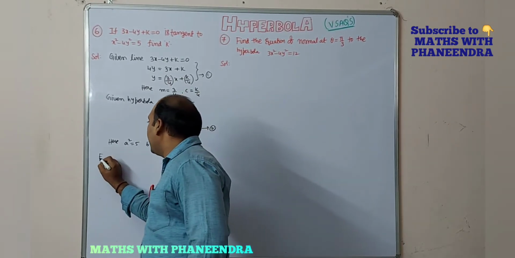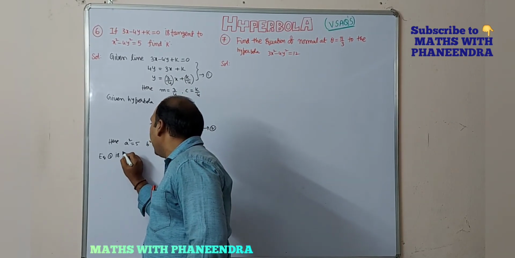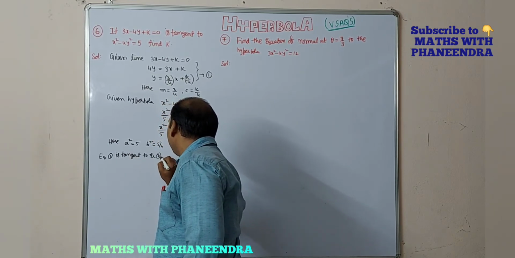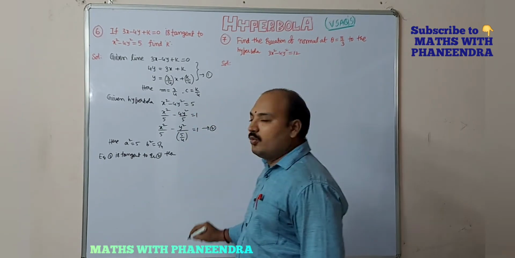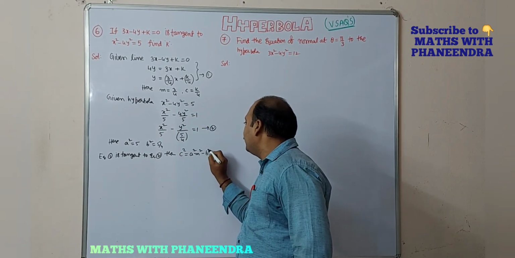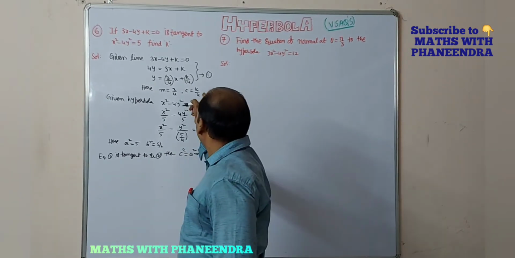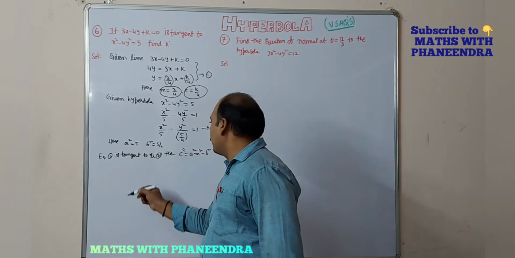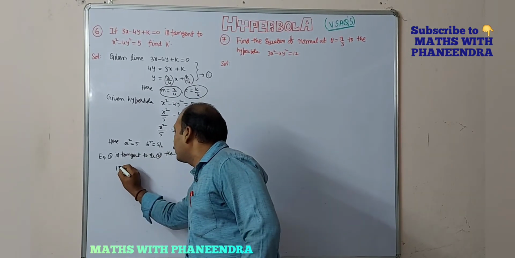Equation 1 is tangent to equation 2. Then we have the result c square equal to a square m square minus b square. What is c? k by 4. Here c value, m value, a square, b square value. C square means k by 4 whole square.